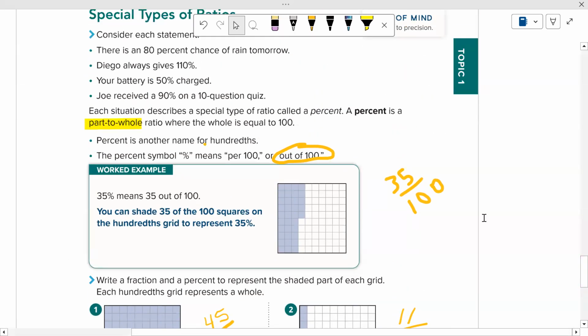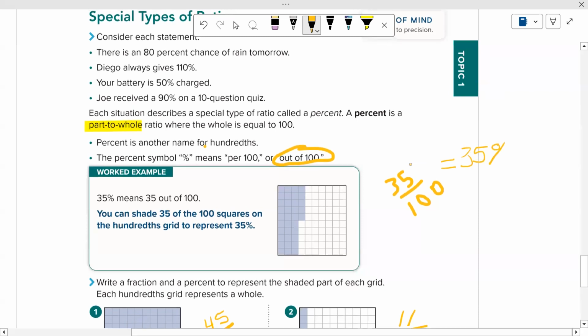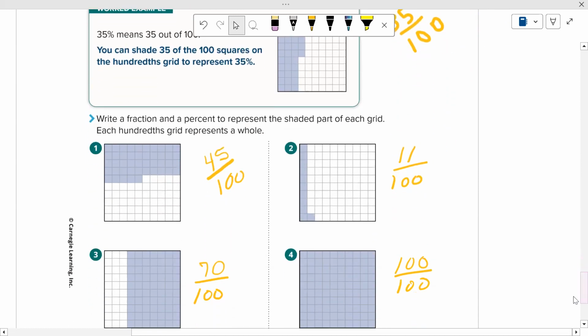And so the top number, you would just simply rewrite it. If you wanted to write it as a percent, you find whatever that number is over 100 and you write it. And then you give it its percent symbol. Okay. So for the first one down in the bottom, it's over 100, so the number on top is a 45 and you give it its percent symbol.